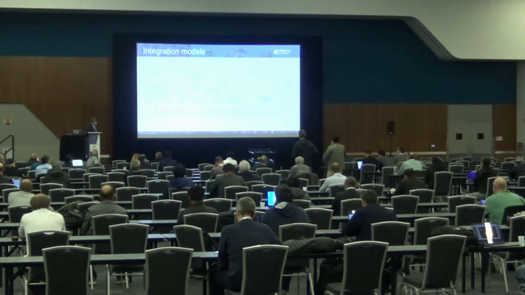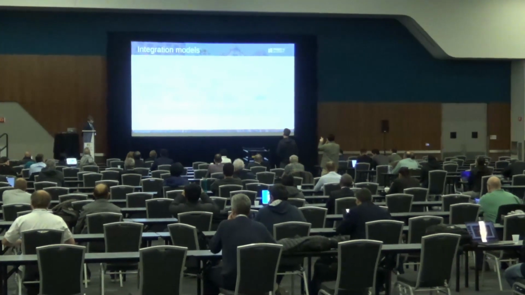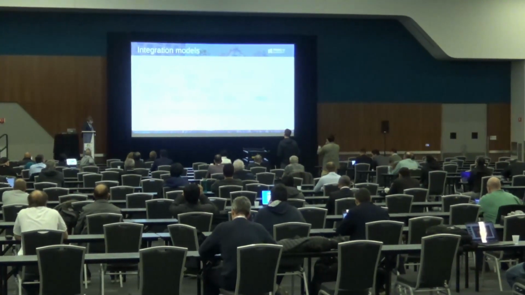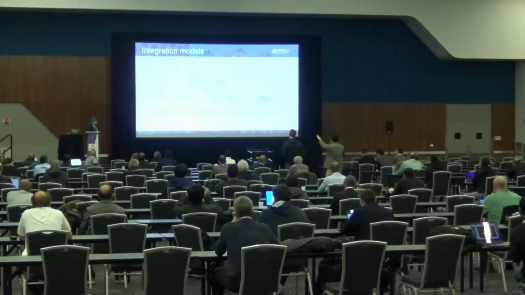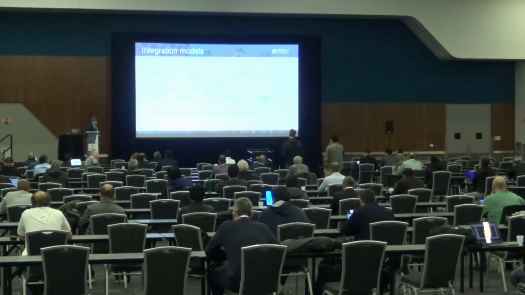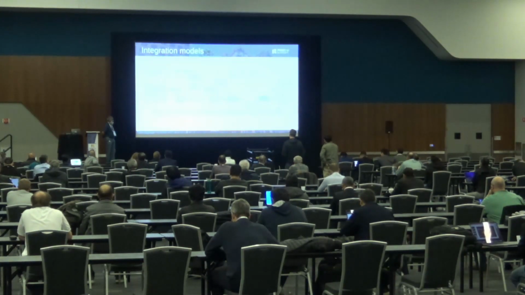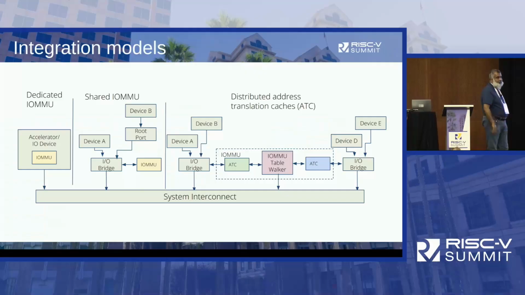So from this page, I see you are running 2 IOMMUs. One on the left, one on the right. So you mean they are running separately, 2 IOMMUs? You mean the one on the far right? Yes. So one on the far right, what I wanted to call out was there's 2 address translation caches, so think of them as TLBs, that are located closer to the IO bridges.